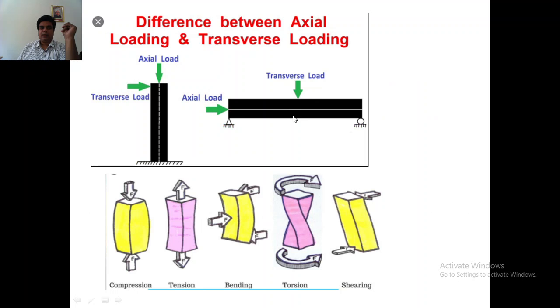So if you go back, the normal stresses, tensile stress and compressive stress, are called normal stresses. Normal stresses are also called axial stresses because the load is acting axially. Whereas shear stress is because of the shear load, which is also called transverse load. In shear stress or shear load, it will be acting perpendicular to the axis.